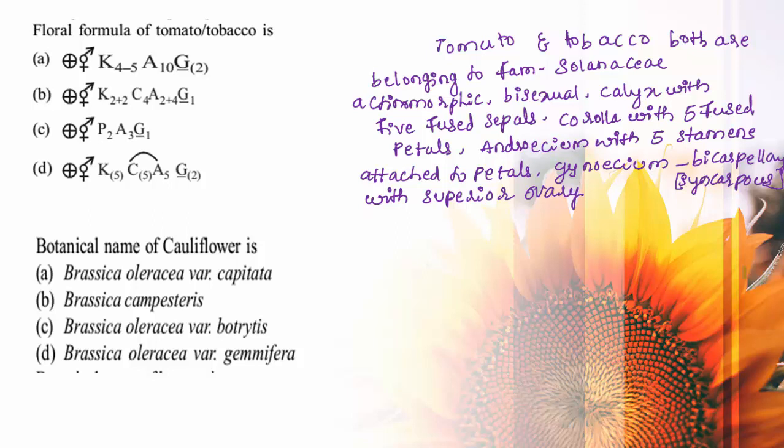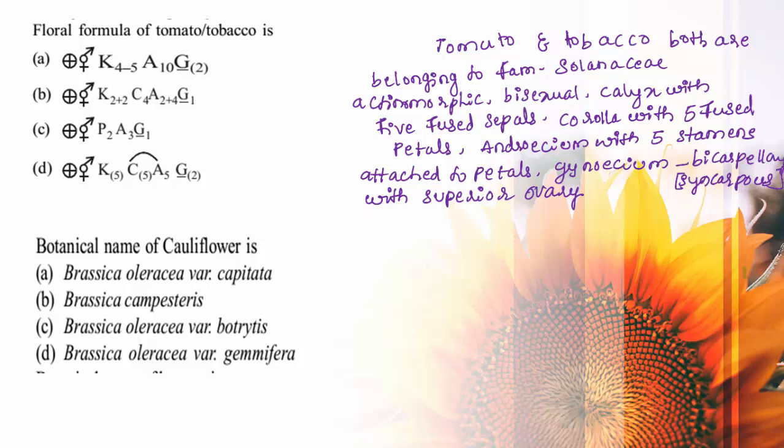Floral formula of tomato, tobacco is, the two plants are given here, tomato and tobacco, but one floral formula is mentioned. Why? Because both of them are belonging to the same family. It is Solanaceae. So Solanaceae, what is the main character of Solanaceae?